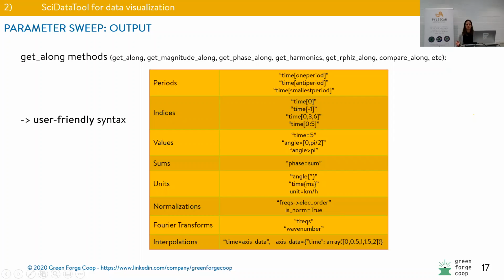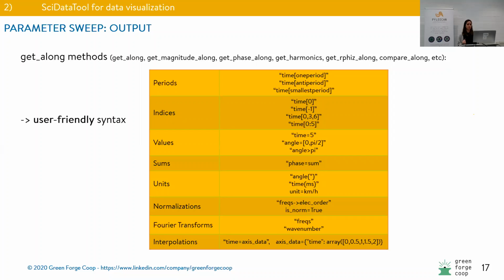So I want to slice at time equal 5 seconds, for example. You can also do intervals. It also understands mathematical expressions. So for example, here pi/2, it will know what it means. And you can also specify a lower or upper bound. So for example, angle below pi.